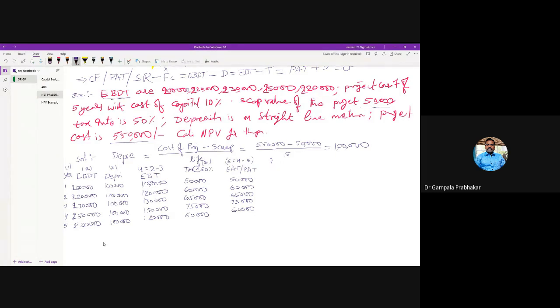By adding depreciation you will get cash flows, cash inflows. So sixth column plus the third column, where your depreciation is, would be your cash flow. The depreciation is added to the profit after tax for confirming our cash flows.